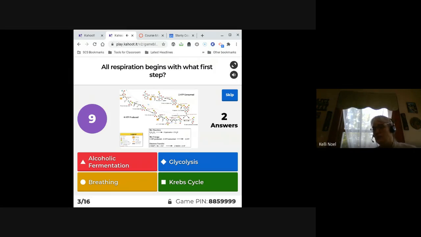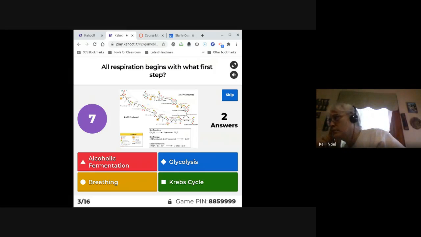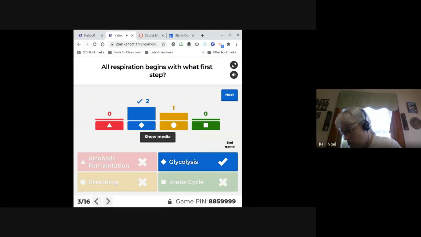All right, glycolysis. This is the first step. Breathing is the respiration for how we get oxygen in, but here it's cellular respiration. So the first step is always glycolysis.